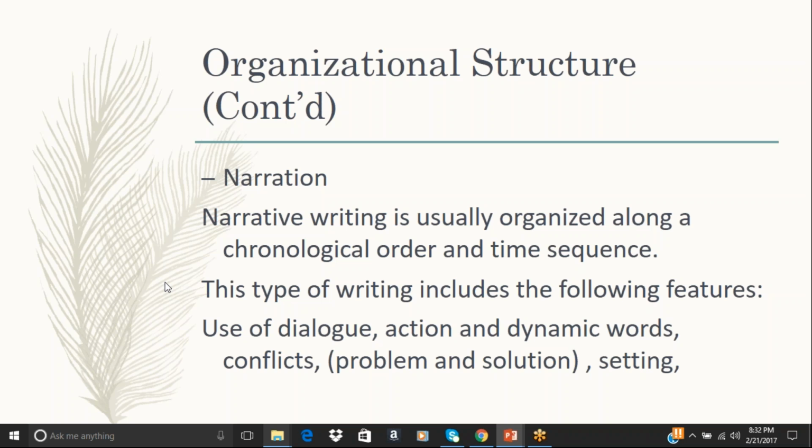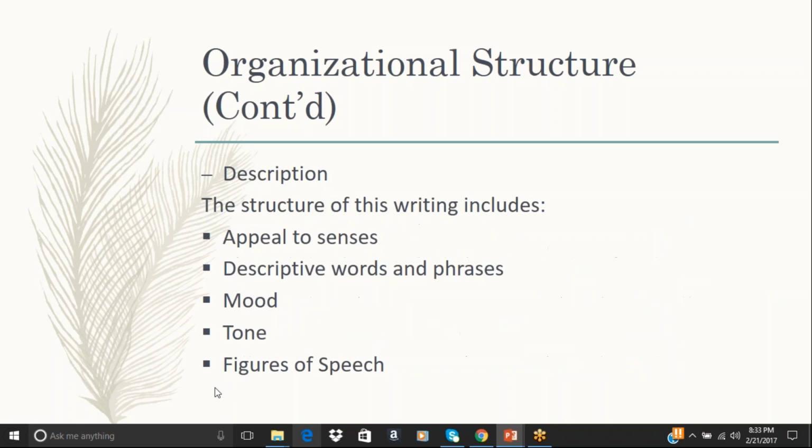So the writer who is writing the story tells you about this problem, and then they battle it out, and then there is some solution that may be offered in the narrative. So that is why problem and solution may be employed there.